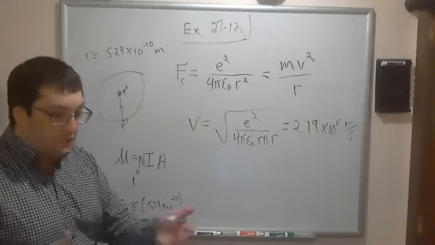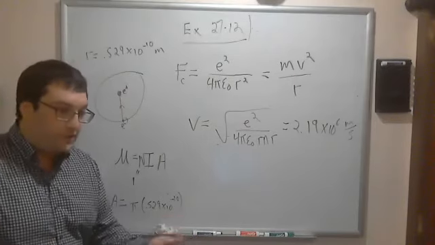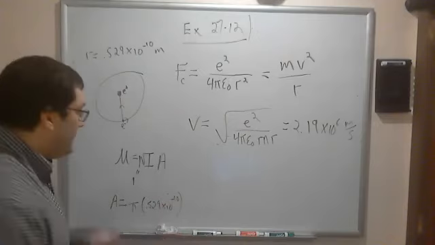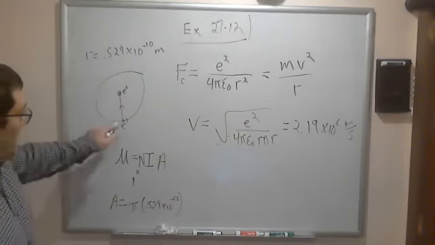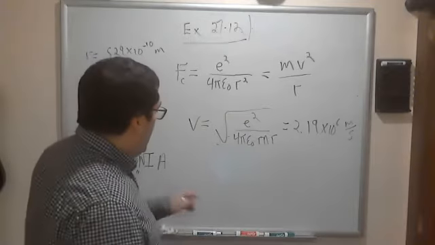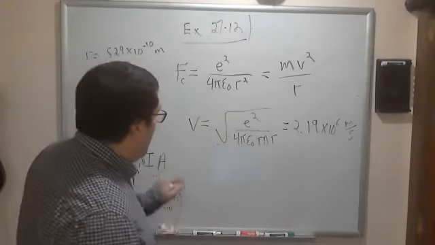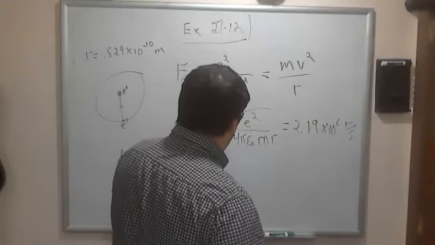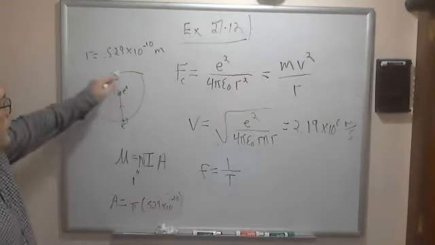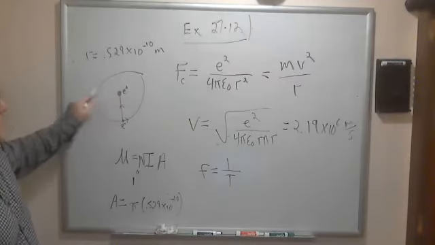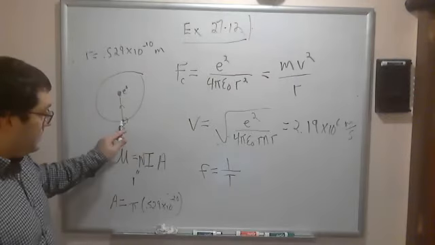The frequency literally means, think of the word frequency. How often does something occur, right? This is the frequency, right? And the frequency is given by 1 over the period. The period is how long does it take for it to make one rotation, right?